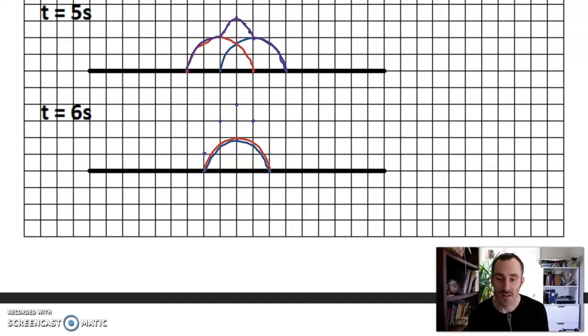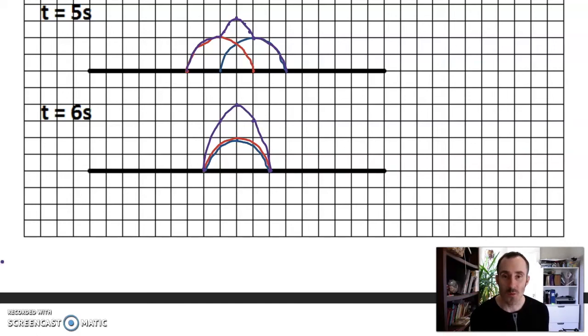Down here, we have a height of 0 and 0, which gives us a height of 0. Mirrored on the other side. And so it looks something like this. And there's my constructive interference completely overlapped.